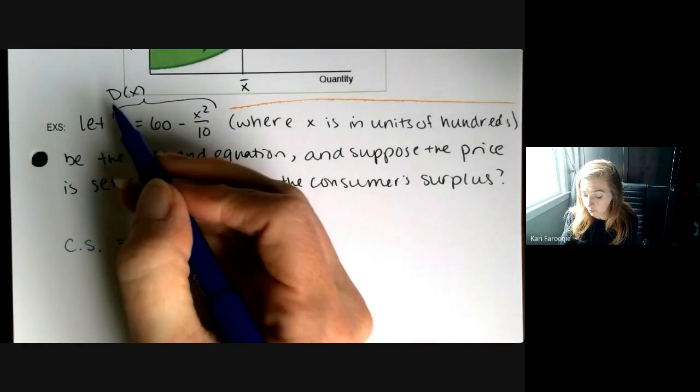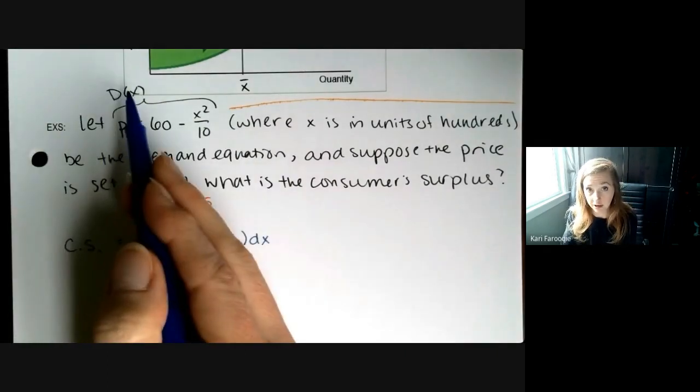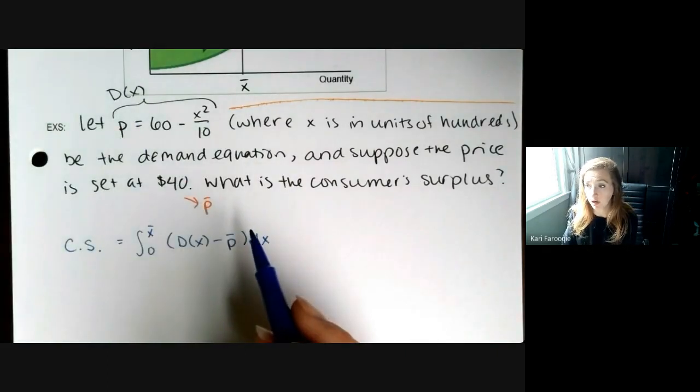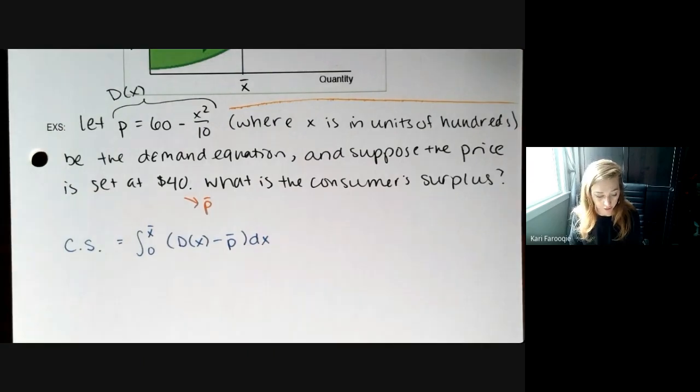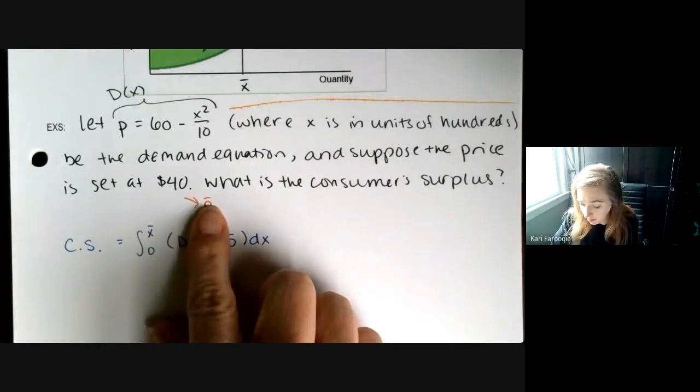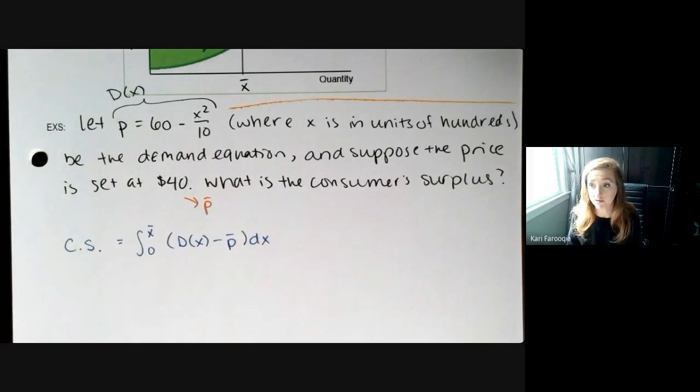I gave you d of x, the demand function, and I gave you P bar. What you don't have right now is x bar. So you're being asked to integrate from 0 to x bar, but you don't actually have the quantity at this point. So what you're going to need to do is use this price P in order to find the quantity x that corresponds to that price.